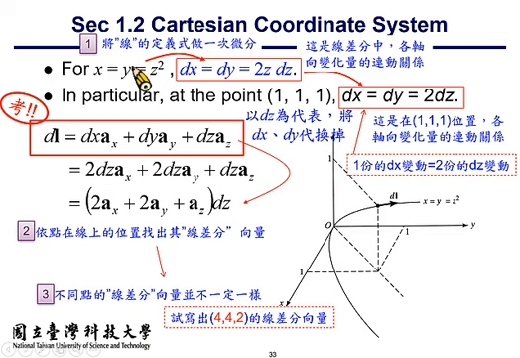1, 1, 1. On the other hand, if you are looking at the position 4, 4, 2, then what is the relationship between dx, dy, and dz at 4, 4, 2? Well, you still begin with dx equals to dy. However, because z is what? 2 over here.